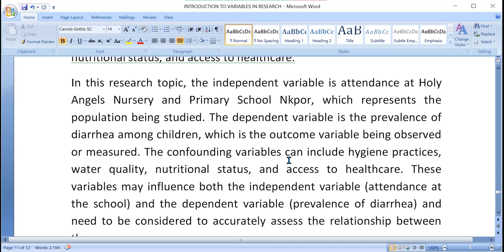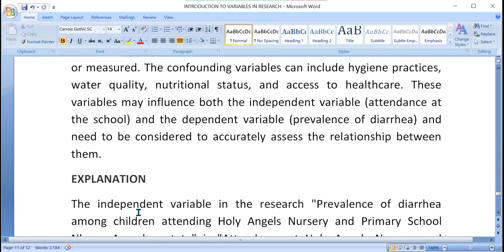The dependent variable is the prevalence of diarrhea among children, which is the outcome variable being observed or measured. The confounding variables, like we say, include hygiene practices, water quality, and all of that. These variables may influence both the independent variable, that is attendance to the school, and the dependent variable, prevalence of diarrhea, and need to be considered to accurately assess the relationship between them.